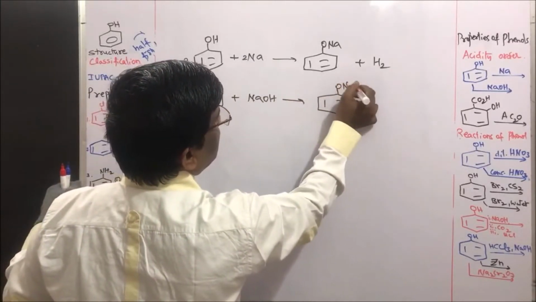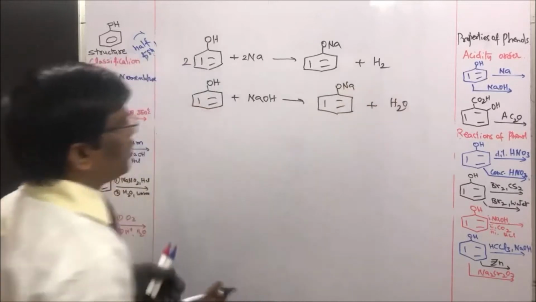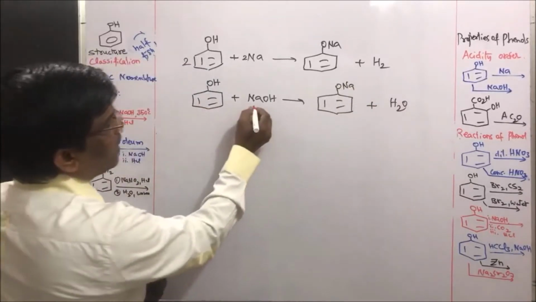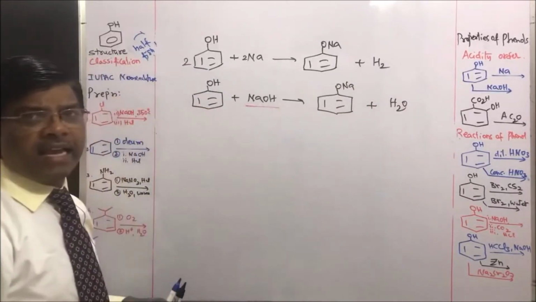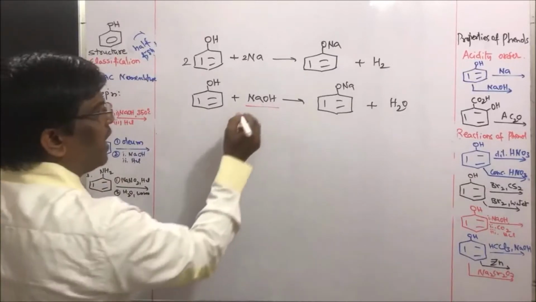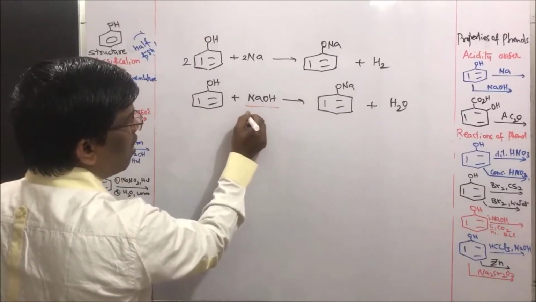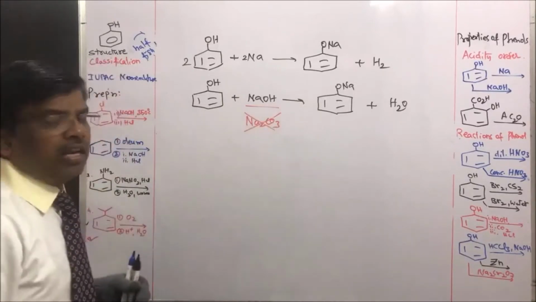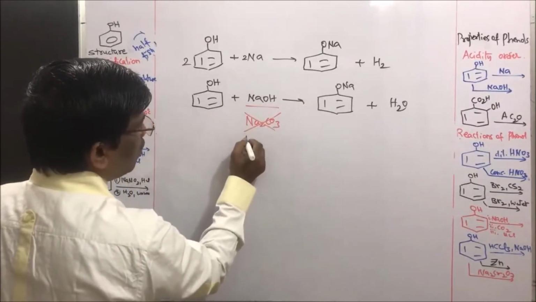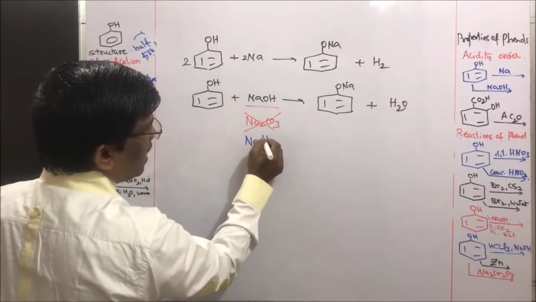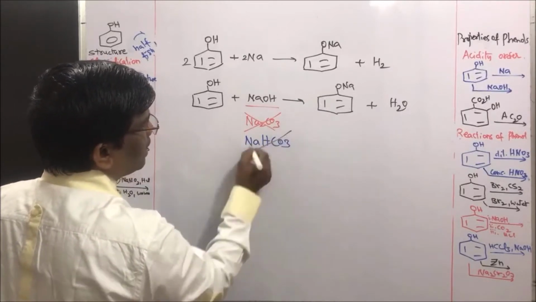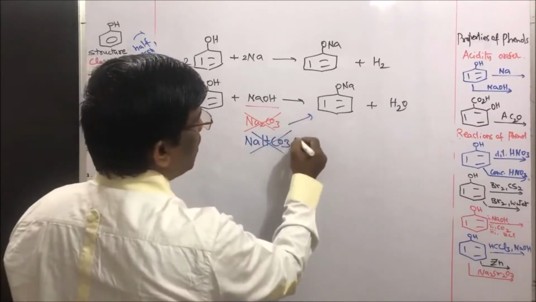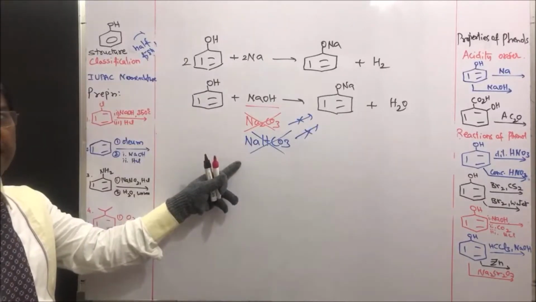The important thing is, it forms salt with strong bases like NaOH or KOH, whereas it will not form salt with sodium carbonate, and also not with the weak base sodium bicarbonate. So there is no salt formation with these two bases.